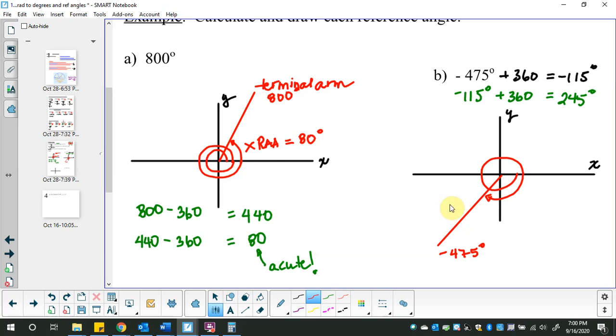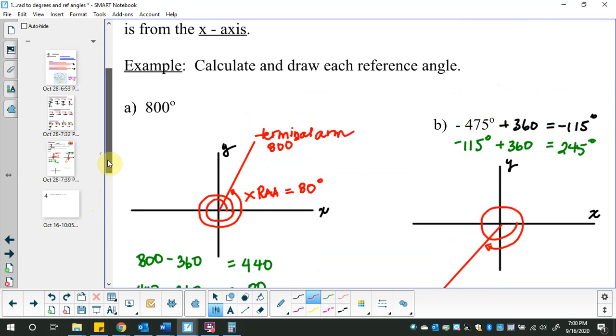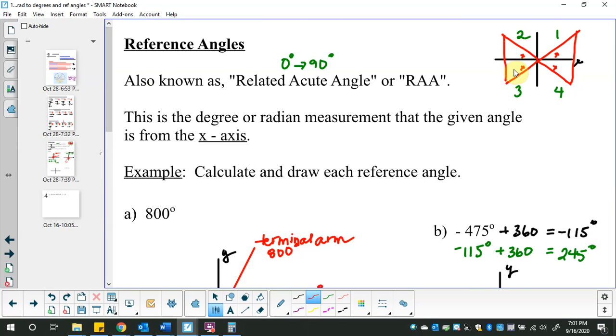The question isn't answered by 245, because 245 and negative 115 and 475, all of the above are not acute angles, and they certainly aren't in the bow tie. So if I'm in the third quadrant, I need to have this angle right here.